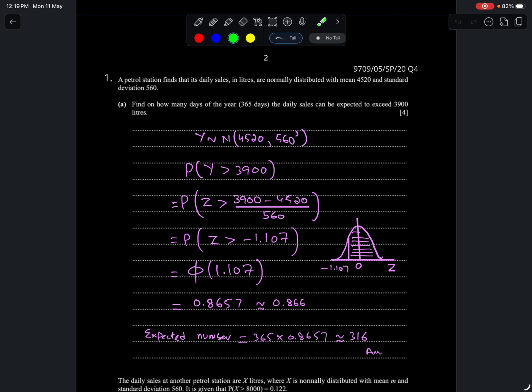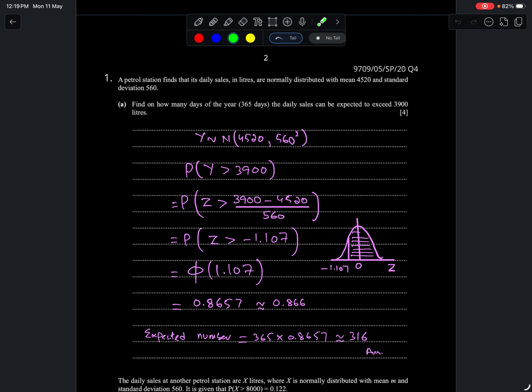This means, if you are getting 316.4 days, 0.4 can't make 1 day. Let me check what this is. How many days? Now let me calculate this, because days are always rounded up. I don't have the calculator. Let me check on my mobile phone. Wait a minute, please. Remember, days are always rounded up.